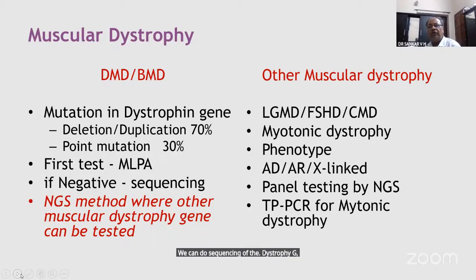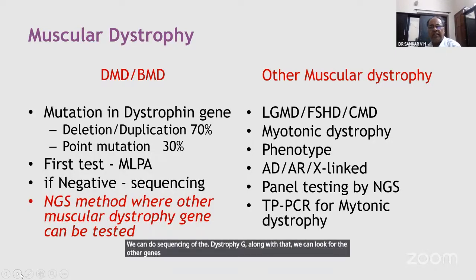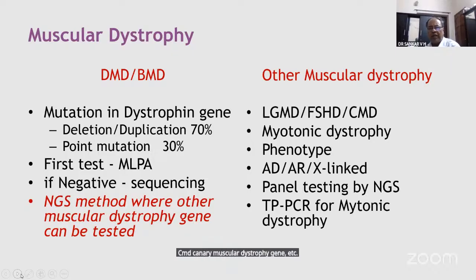Along with that, we can look at other genes like the LGMD genes and CMD, congenital muscular dystrophy genes, etc. Facioscapulohumeral dystrophy is very, very difficult to diagnose. It has a separate type of test, which I am not going to tell here. Another important thing you have to suspect is myotonic dystrophy. But myotonic dystrophy is a triplet repeat disorder where you use TP-PCR.